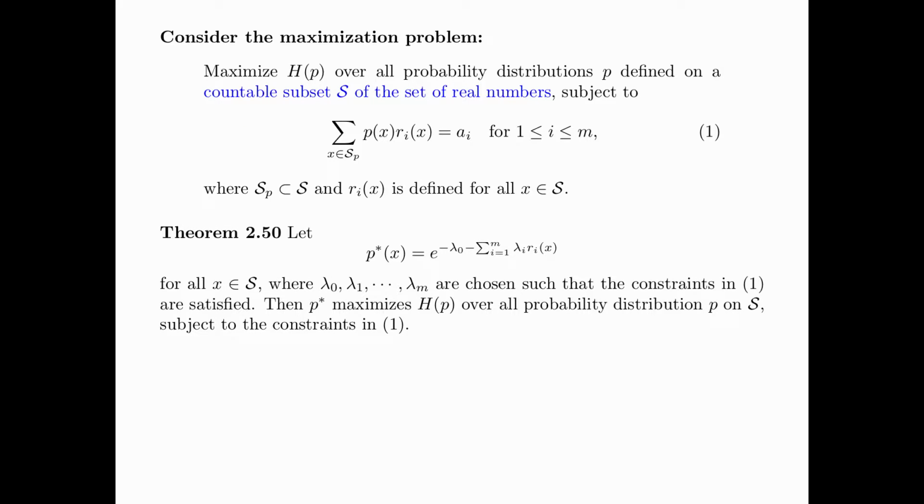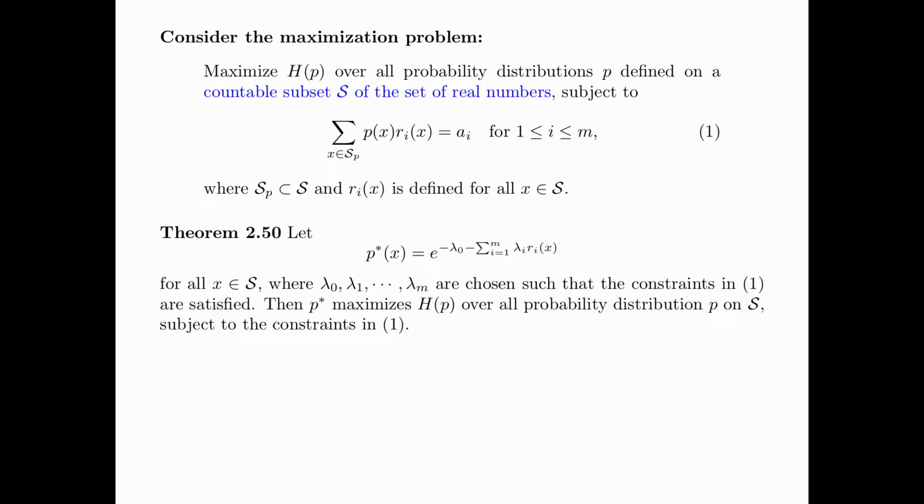The most important theorem in this section is theorem 2.50, which gives the form of the P that maximizes the entropy subject to the constraints. Let P star of x equal e to the power minus lambda_0 minus summation i from 1 up to m, lambda_i times R_i(x), for all x in S, where lambda_0, lambda_1 up to lambda_m are chosen such that the constraints in 1 are satisfied.